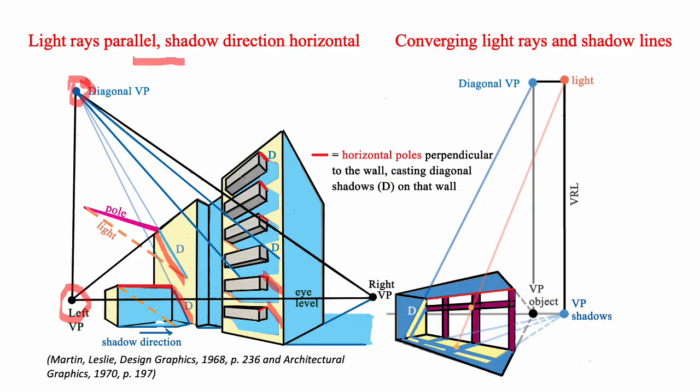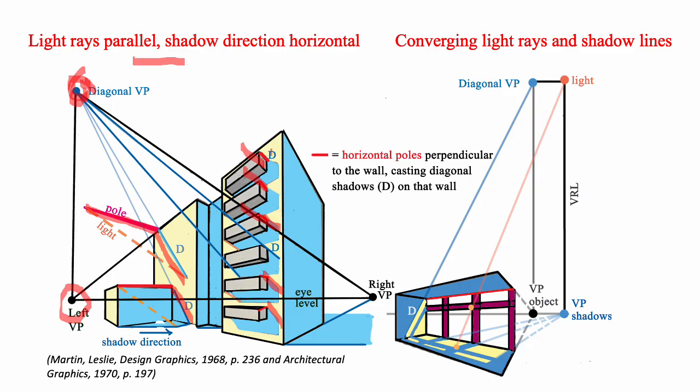And they're all from horizontal poles that are perpendicular to that wall. So all these, I guess they're balconies, are horizontal poles perpendicular to the wall. So using this diagonal, we can get all these diagonal shadows to agree with one another.